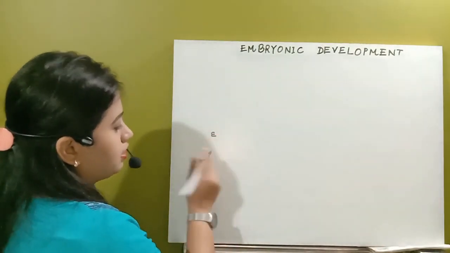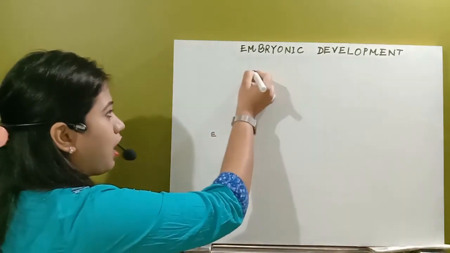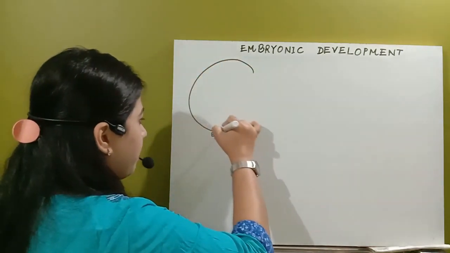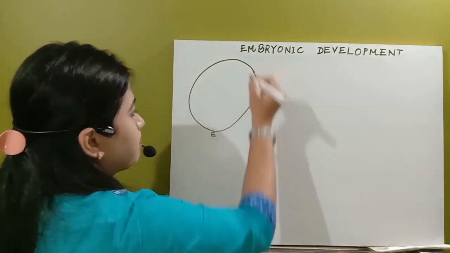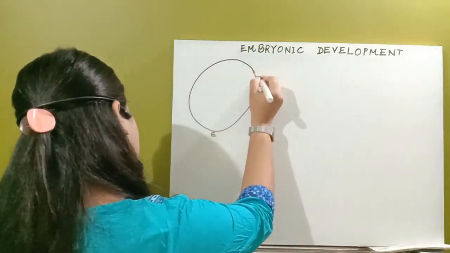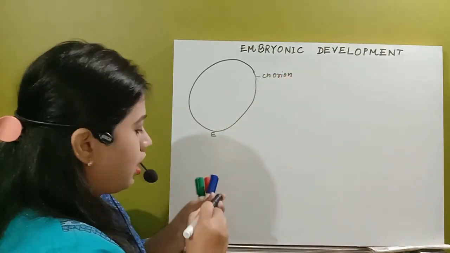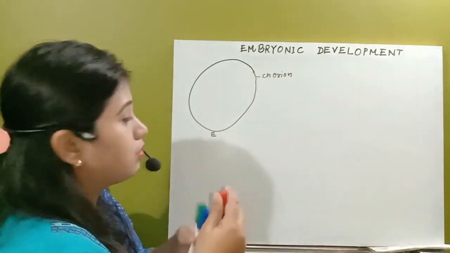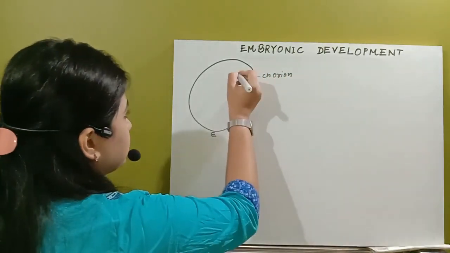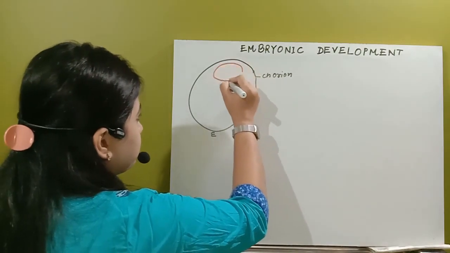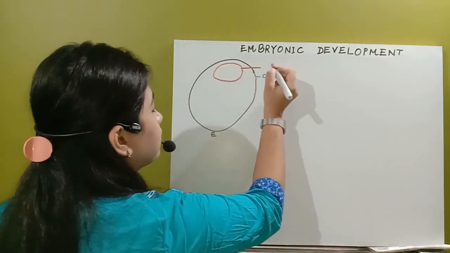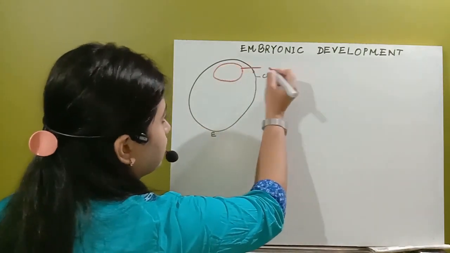First of all, the outermost lining formed from the extra embryonic mesoderm is the chorion. The amniotic cavity is lined by the amniogenic cells, forming another lining, an extra embryonic membrane itself.